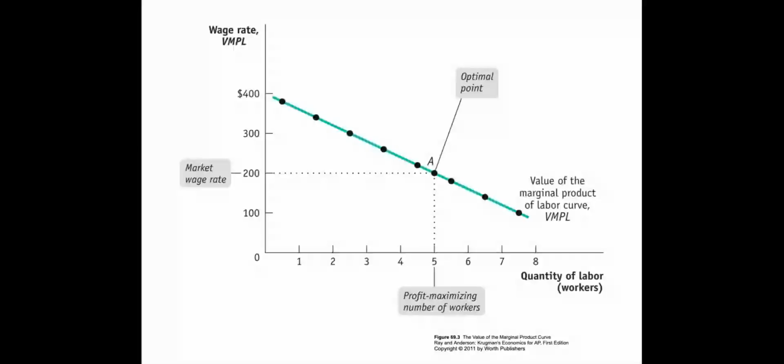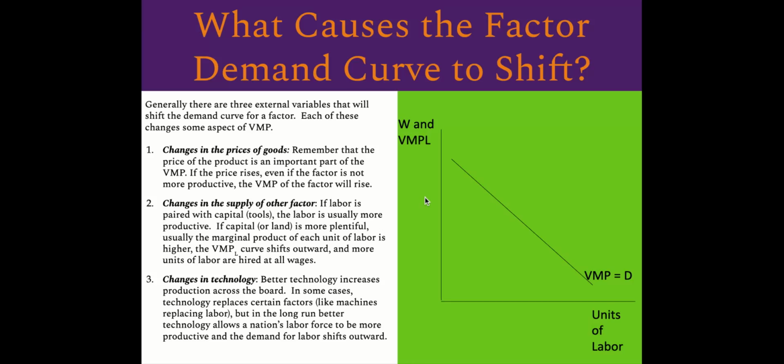Well, that means that all of these values are going to increase, which means the demand for workers would increase. Conversely, the opposite could happen. Let's say instead of $20 for each bushel of wheat, it was $10. That means that this VMPL is going to shift to the left. So changes in prices of the goods can impact the demand curve, and we'll do that too.